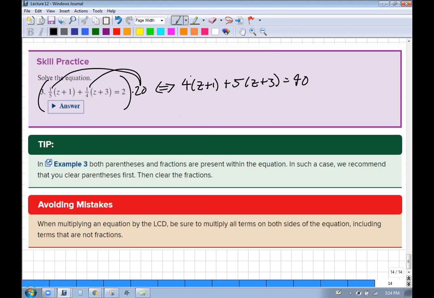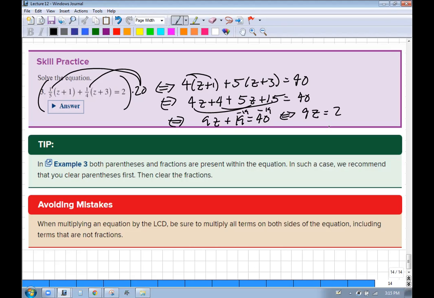Okay, so here do our distributive property. We have 4Z plus 4 plus 5Z plus 15. Combine our Z's. Combine our constants. All right, let's subtract our 19.